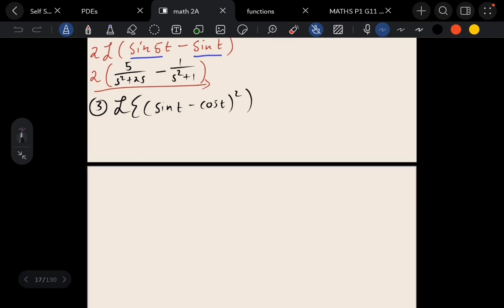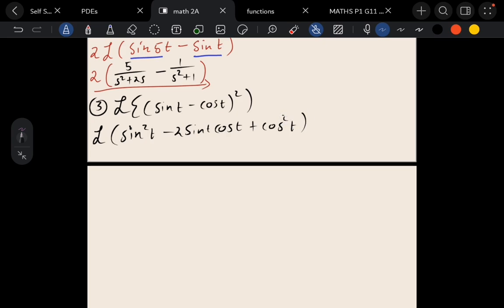So by doing that, I'm going to have the Laplace transform of what? Of sine squared t minus 2 sine t cos t plus cos squared t.